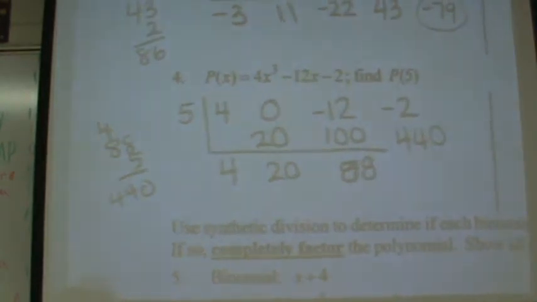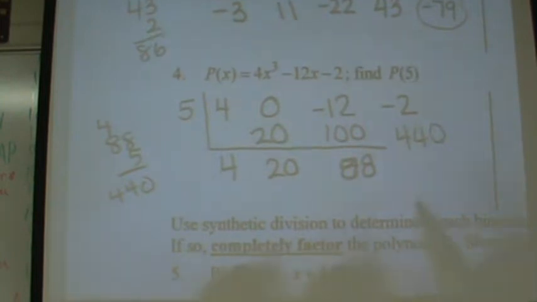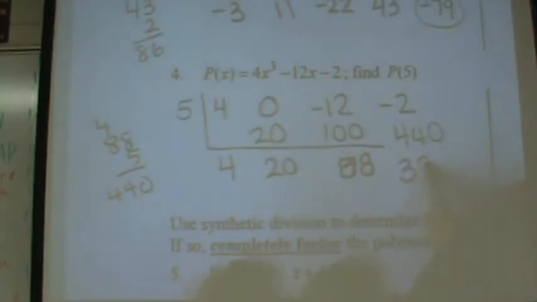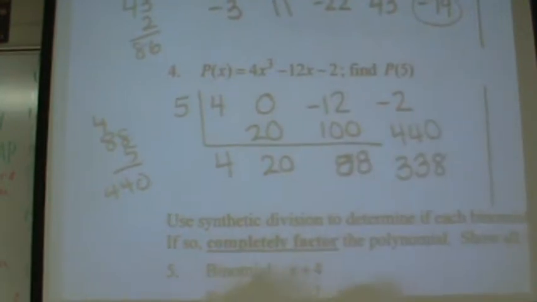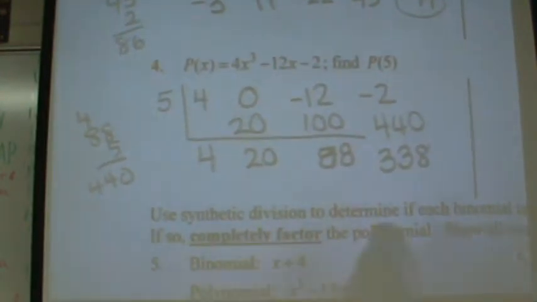Let's see if that's right. 88 is 440 minus 2 is 338. So we should get 338 for a remainder if we plug 5 in here.